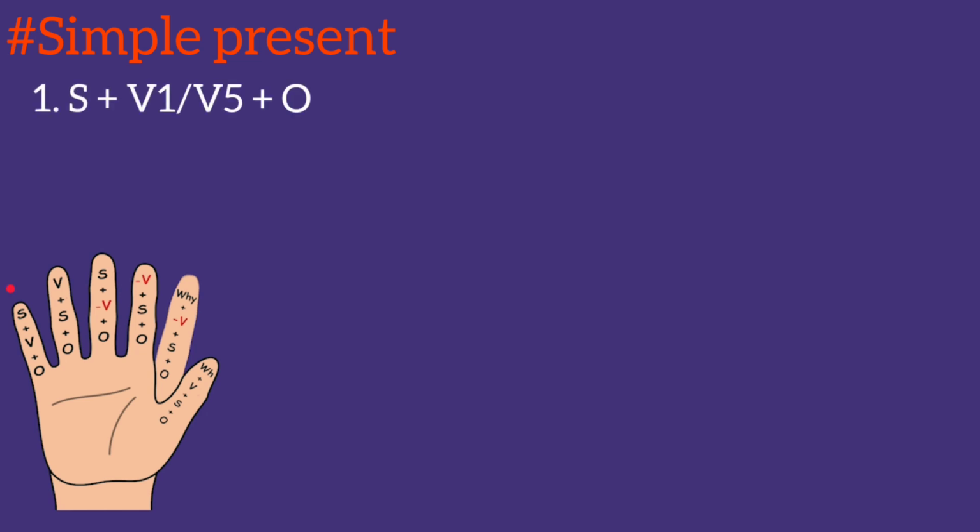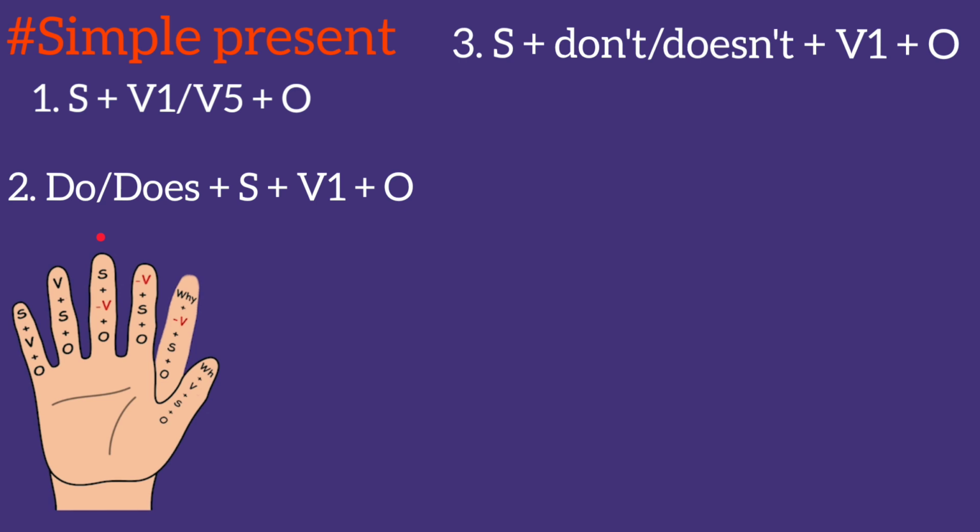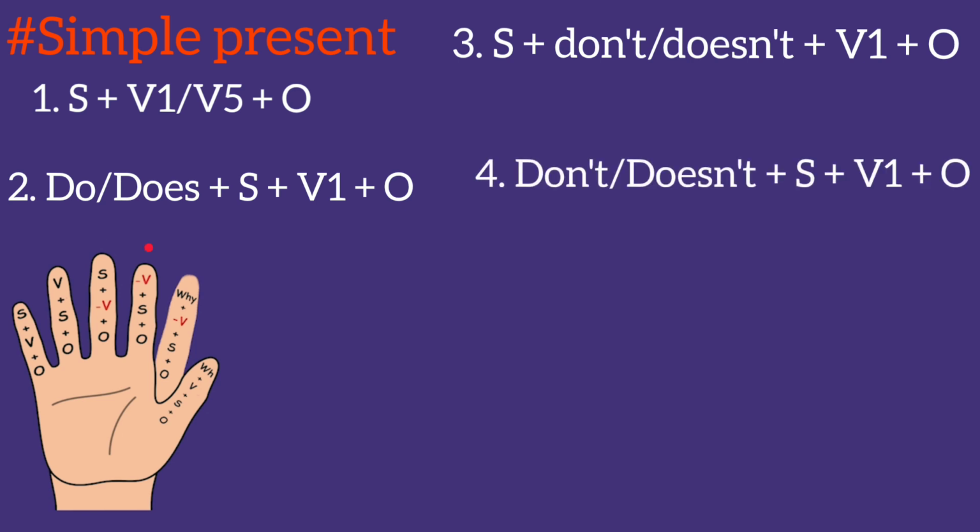Subject plus V1 or V5 plus object. Do or does plus subject plus V1 plus object. Subject plus don't or doesn't plus V1 plus object. Don't or doesn't plus subject plus V1 plus object.